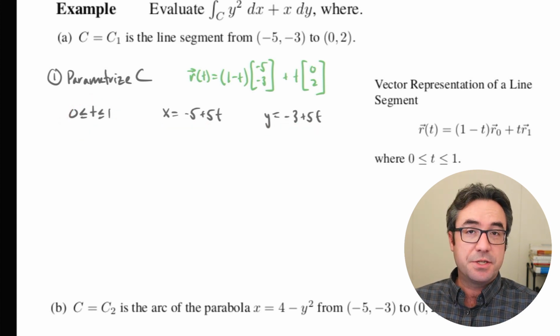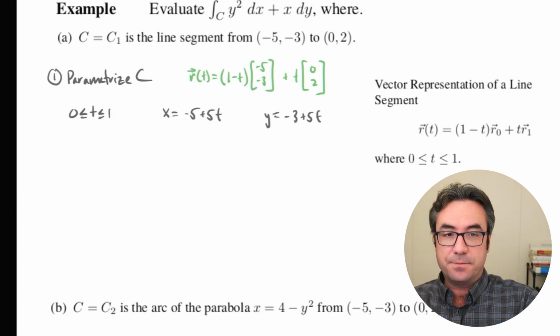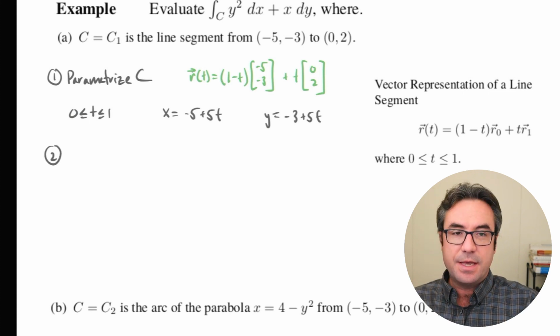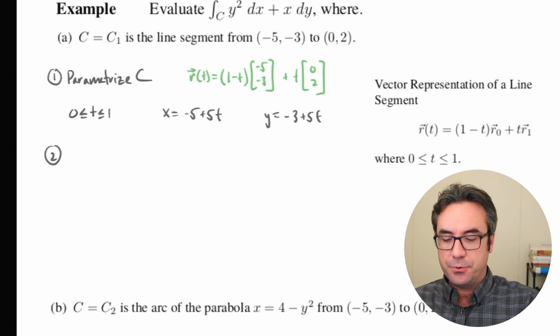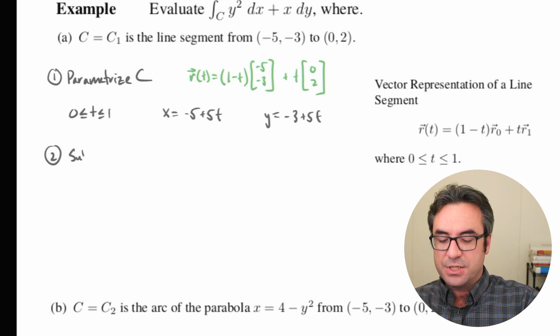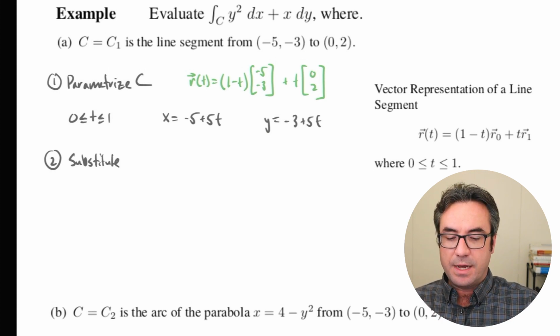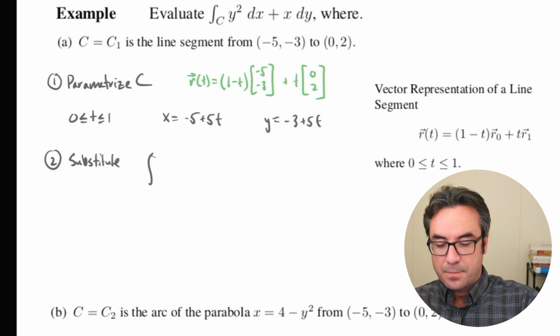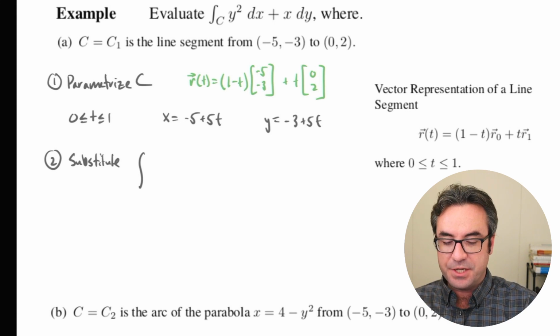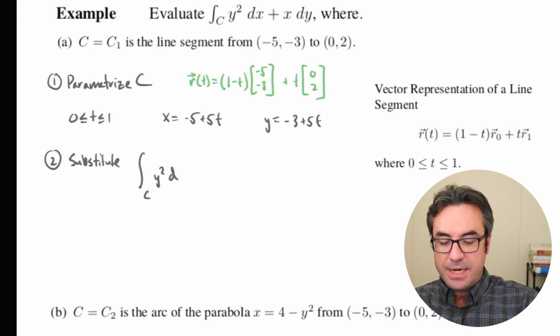So now we're ready to actually set up our line integral. So that's the next step, is we're going to substitute everything in. So what was our line integral here? We're doing the line integral of curve C, y squared dx plus x dy.